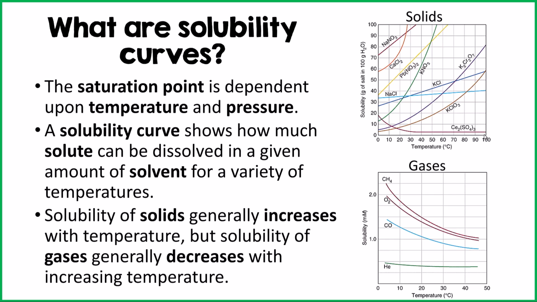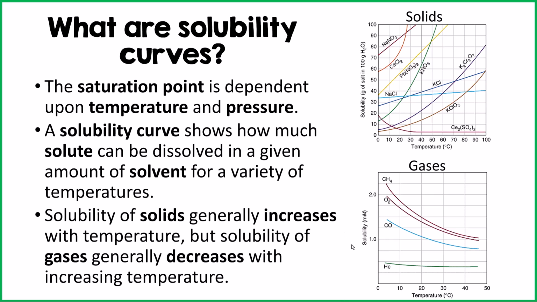The cesium sulfate is one of the unique types of solids here that actually decreases in its solubility with increasing temperature. But most of these solid salts are increasing in their solubility as the temperature increases. Gases, however, with increasing temperature, decrease their ability to dissolve.